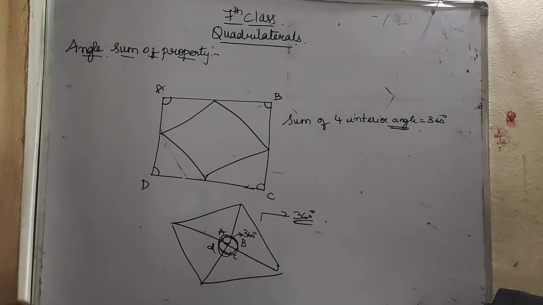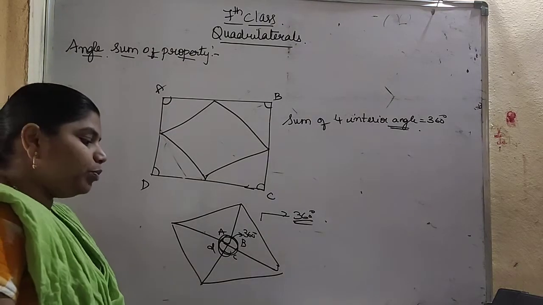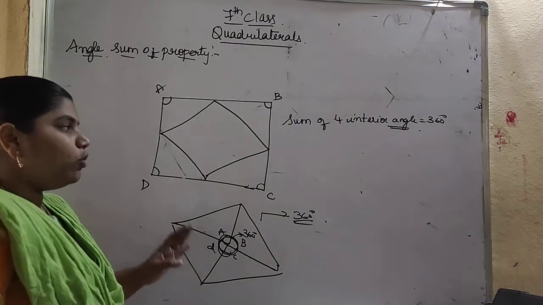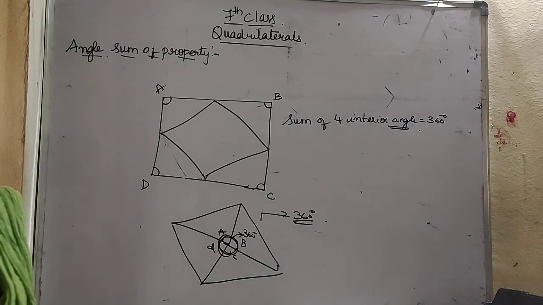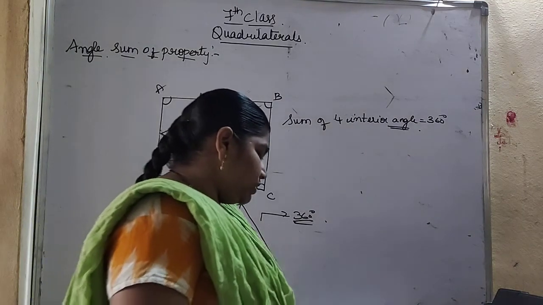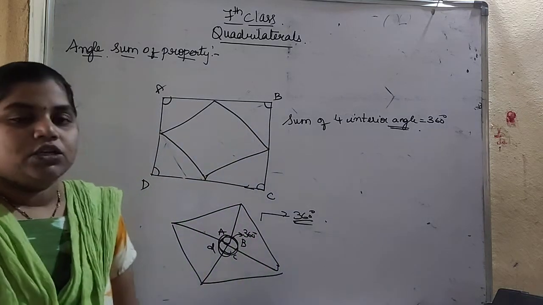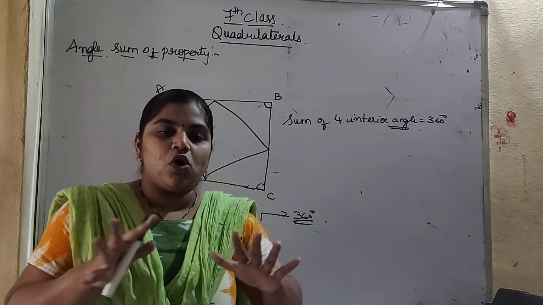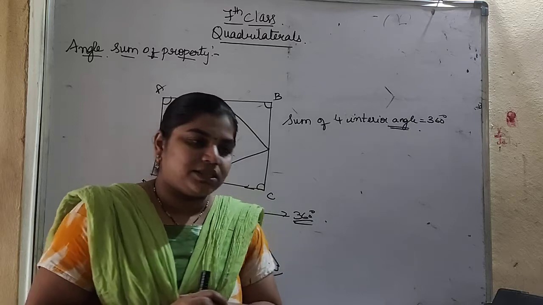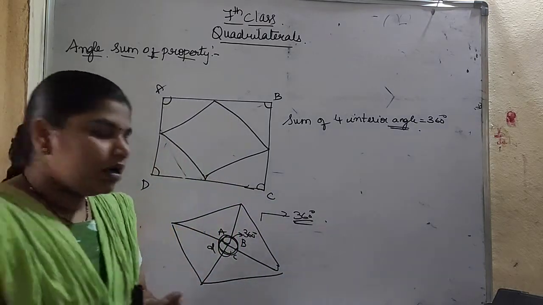So this is our angle sum property: the sum of the 4 angles in a quadrilateral is equal to 360 degrees. On all these topics we are going to start our exercise, exercise number 1.